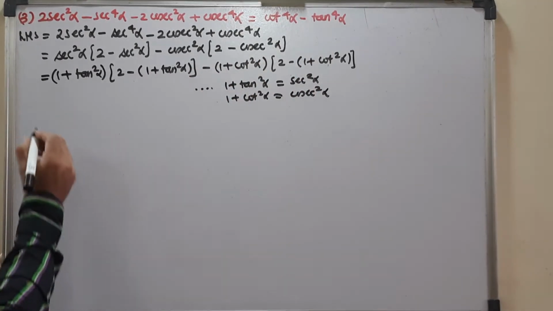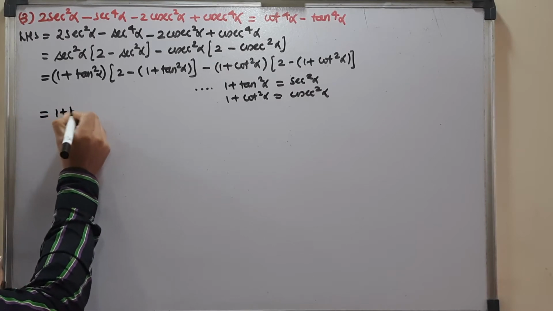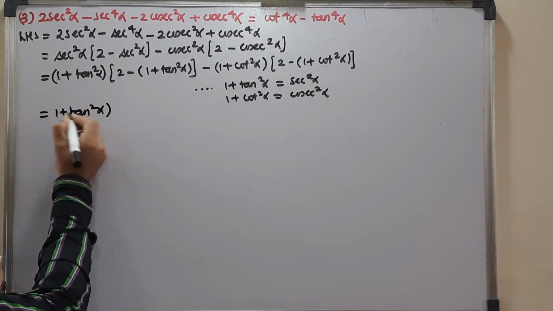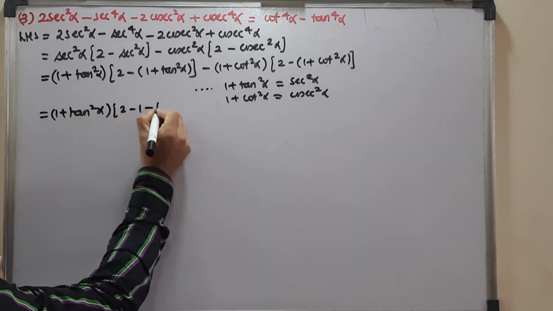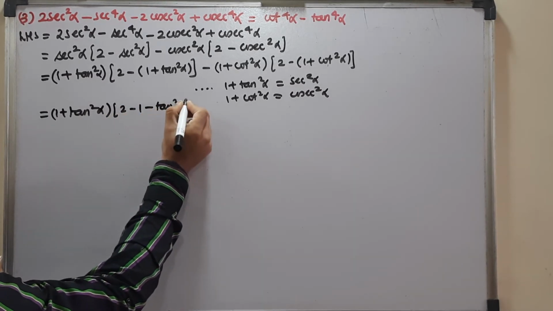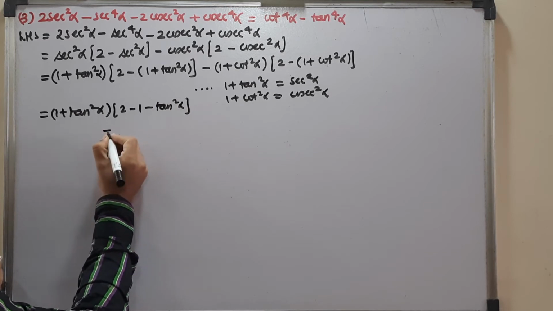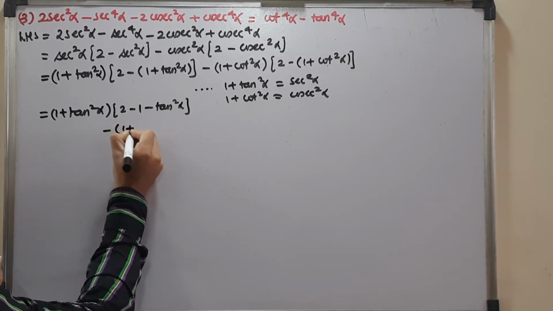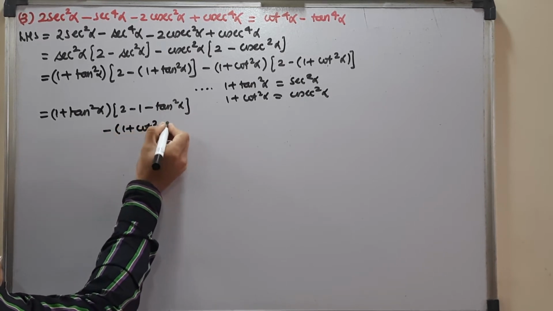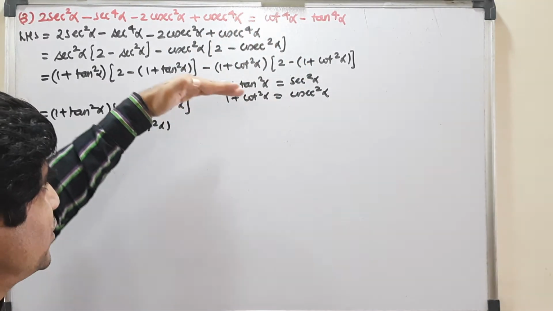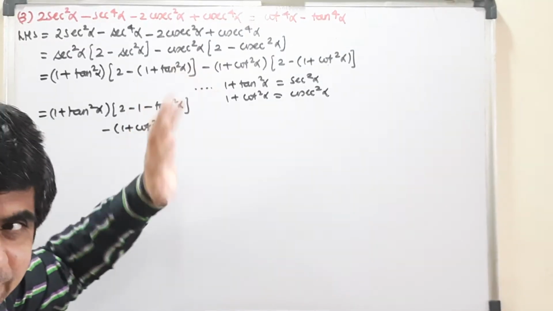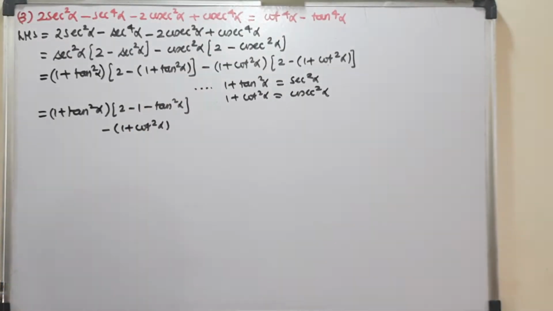So what I get here is 1 plus tan square alpha into 2 minus 1 minus tan square alpha, minus 1 plus cot square alpha. I told you always, even two lines are used now for reason, so leave that space. But here limitation is there, that is why I am not leaving space.